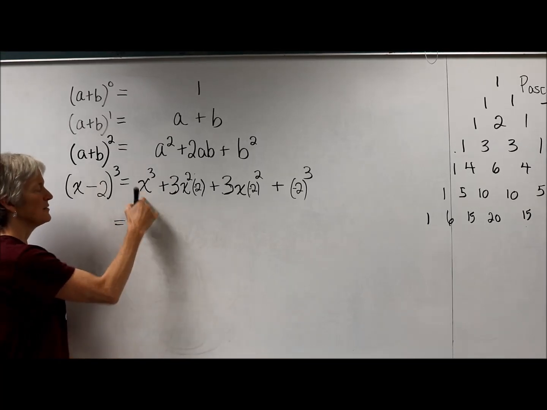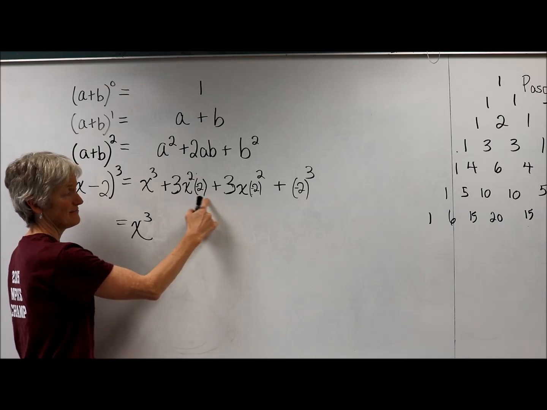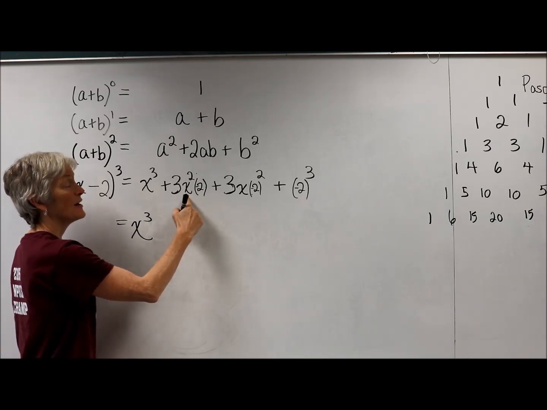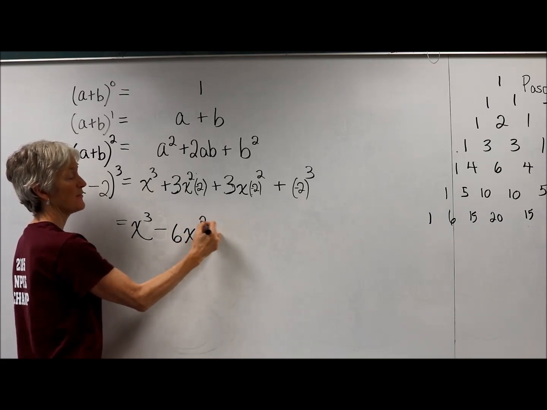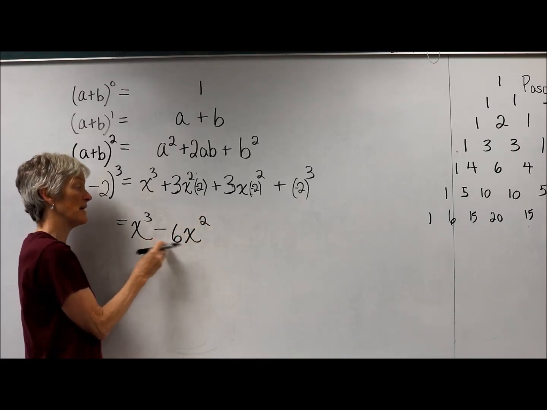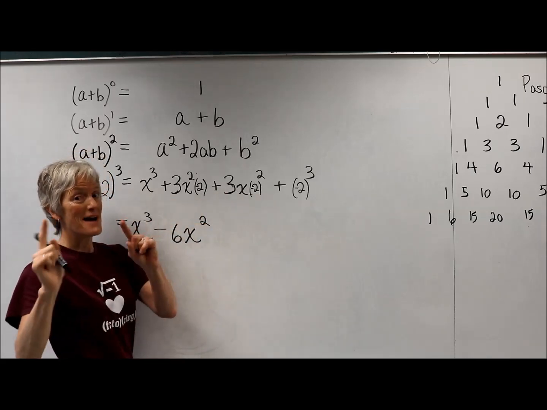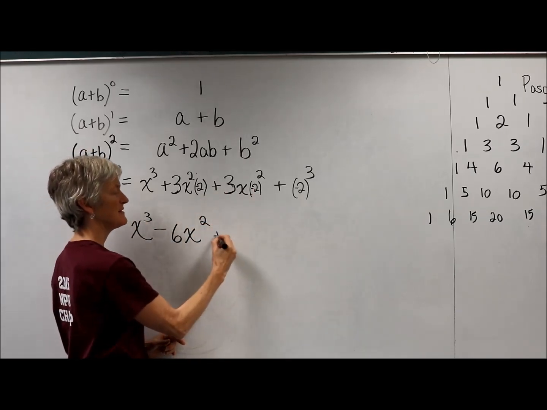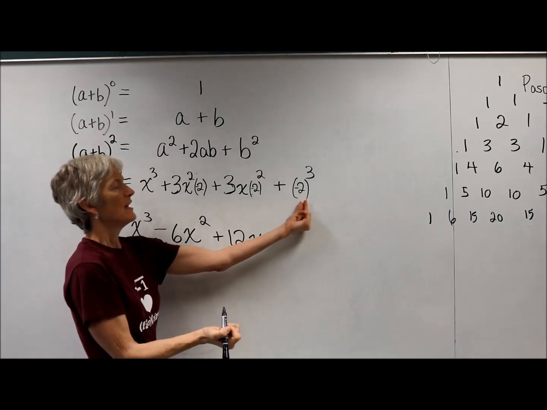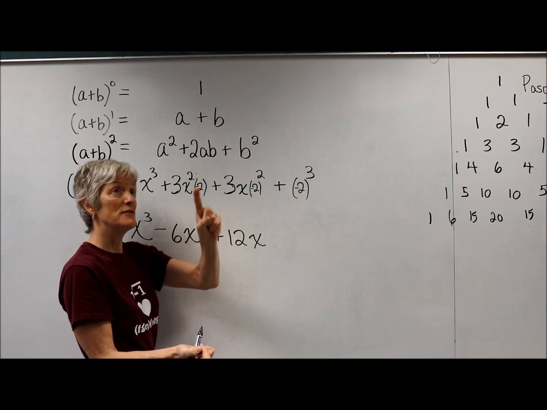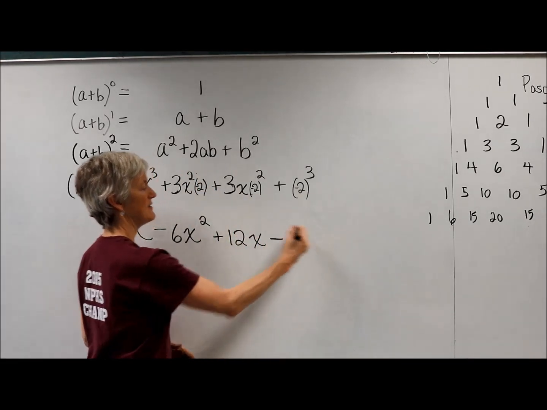Okay, so that is still going to be x to the third. What's this term going to be now? 3 times x squared times -2. That's going to give me a negative outcome for that term. Of course, I could have said plus a negative, or minus. -2 squared is positive 4, times 3, so that's still a plus 12x. -2 to the third, a negative times a negative times a negative, is still a negative 8.